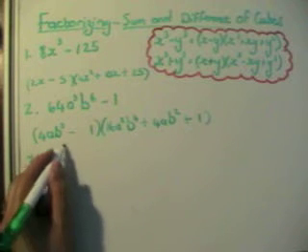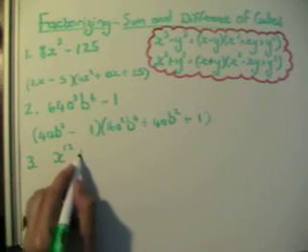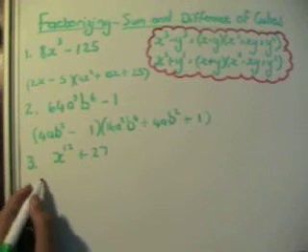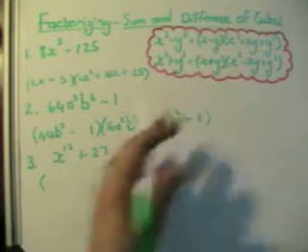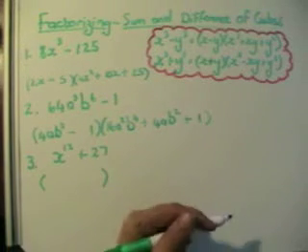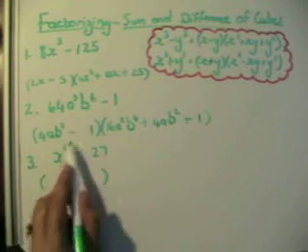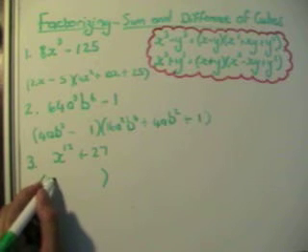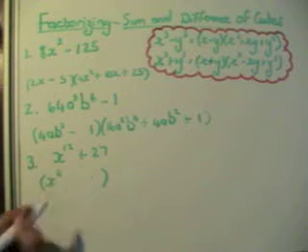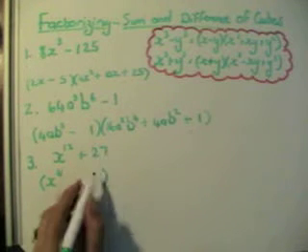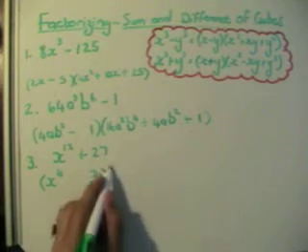So say for instance I have x to the power of 12 plus 27. You see how I apply the rule, and that's what I do, and then I'm done factorizing. So for this one, I'm going to divide my exponent by 3, so 12 divided by 3 is 4, and the cube root of 27 is 3.